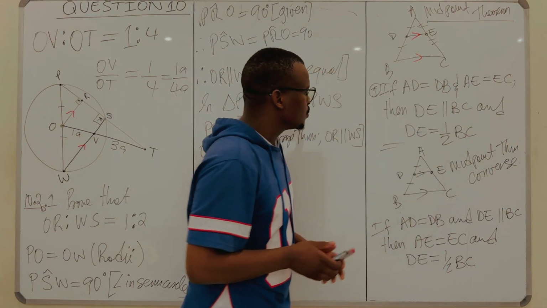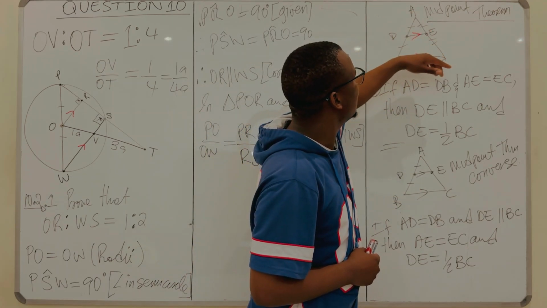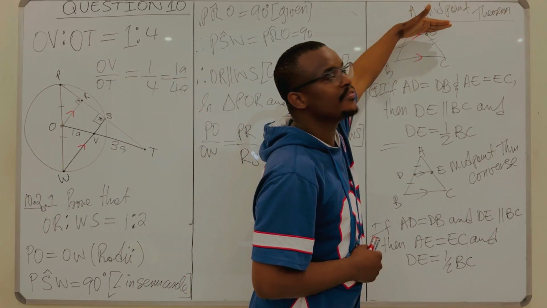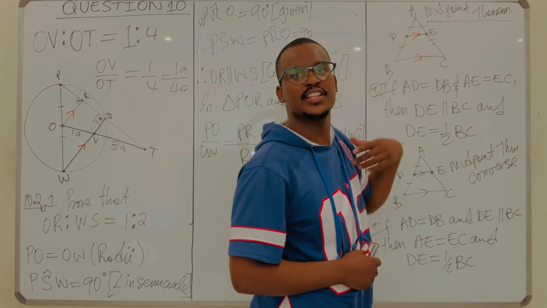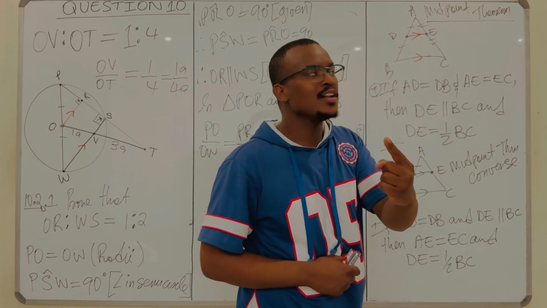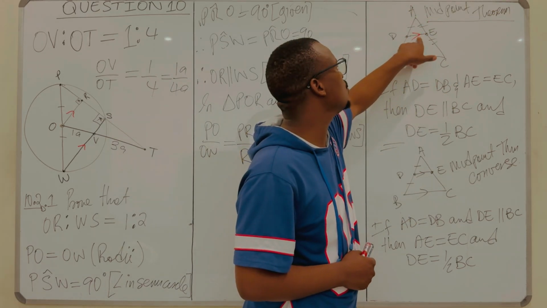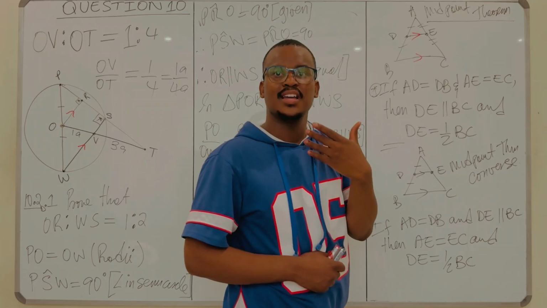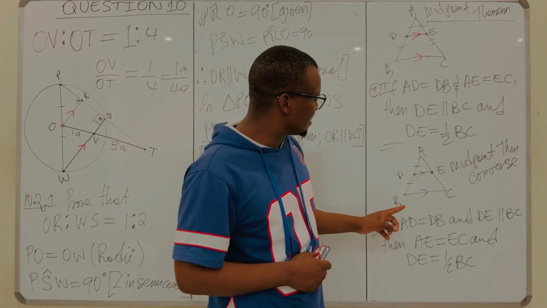So here's the difference between the two. On the first one, you're given a triangle and a line DE that joins the midpoints of the two sides of the triangle. And you are told that the joining line will be parallel to the third side, and it will be half the length of the third side. That's what you're given, and that's what you are told. On the second case, you are only told that.